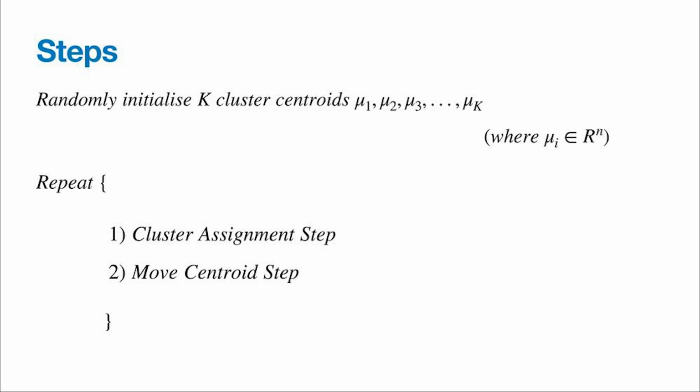That's why k-means is called an iterative algorithm, because we are iterating until we reach a certain conclusion. One iteration consists of these two steps, the cluster assignment step and the move centroid step. So let's look at these two steps in more detail now, in a more mathematical way.